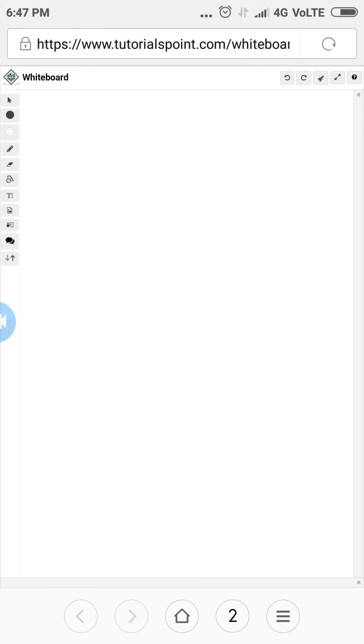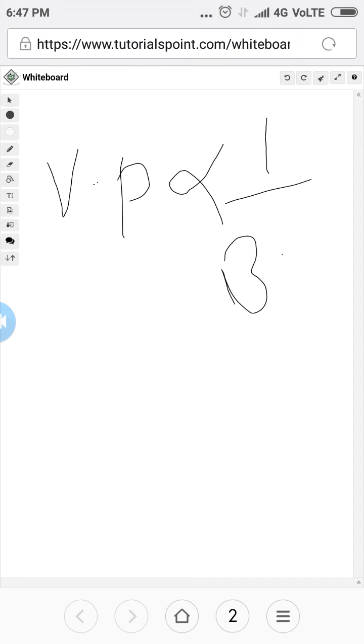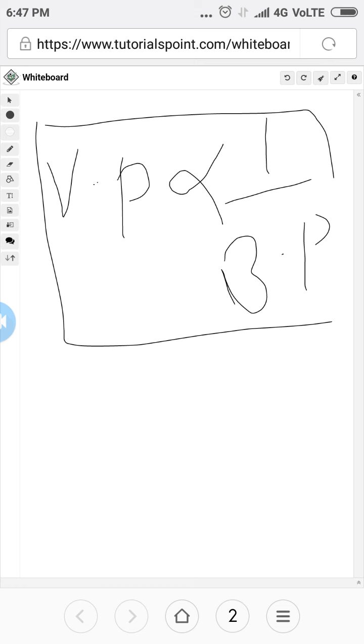That is, a relation between vapor pressure and boiling point: vapor pressure is inversely proportional to the boiling point.